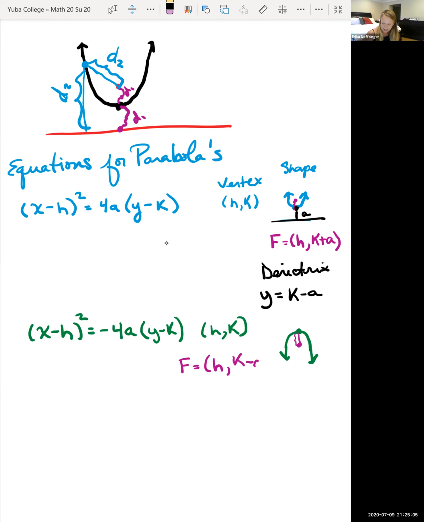So minus A. Where the directrix, that's the line above, equal distance. And so lines are always in the form of y equals. So it's just affecting again, the y value of your vertex. And so let's think of this was at HK, the y value is K. Well, let's add A to that, K plus A.